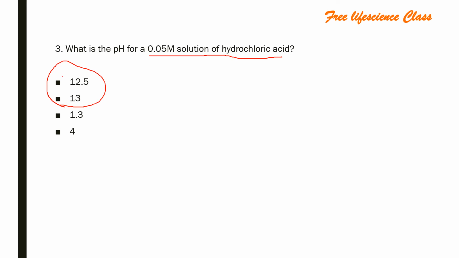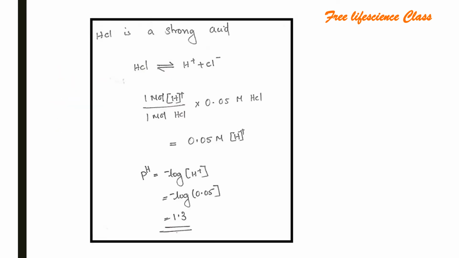I have to calculate the pH of 0.05 molar HCl. So to find it, the same thing we have done in the previous question. So HCl in dissociation gives H plus plus Cl minus.